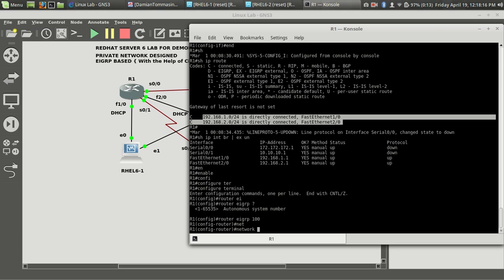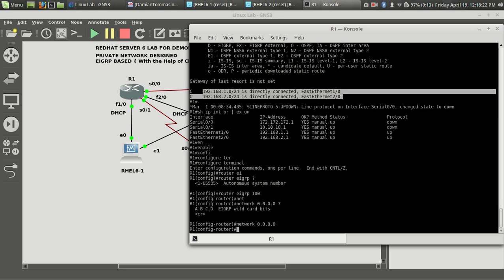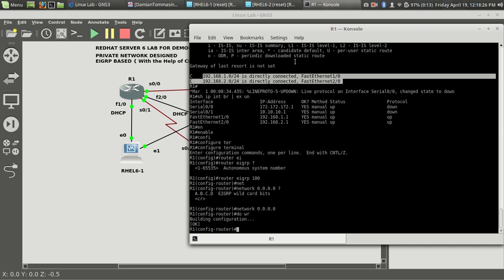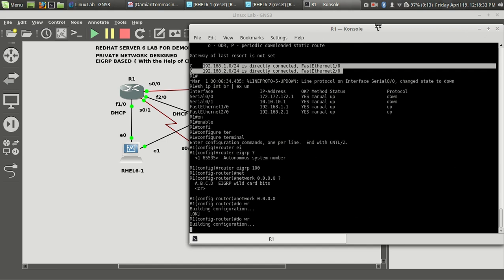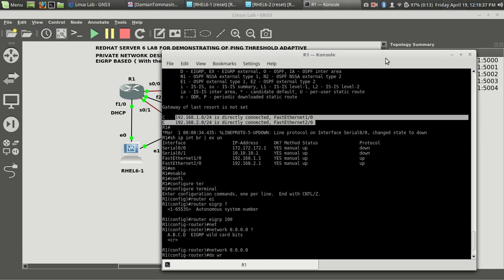So I'm going to advertise all the routes, right? So my first router's configuration has been completed. Now I shift to my second router, but still I would need the IP addresses.